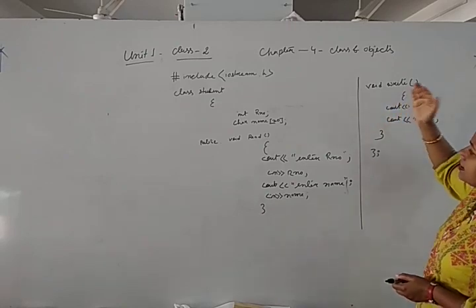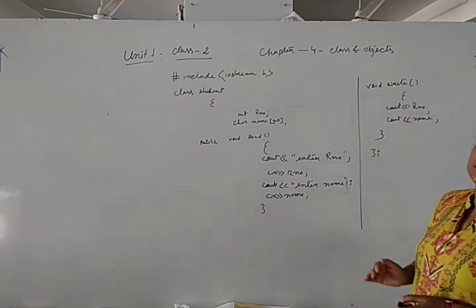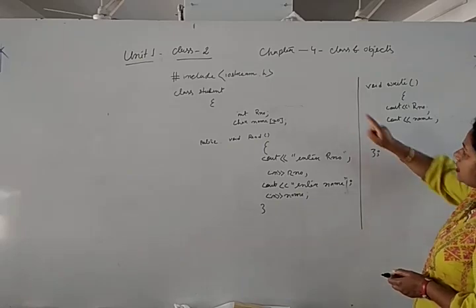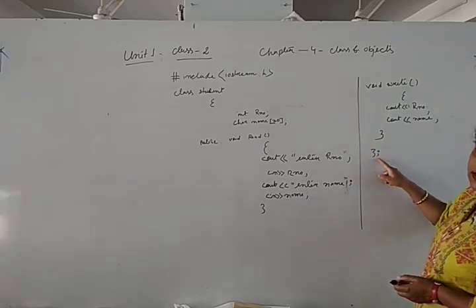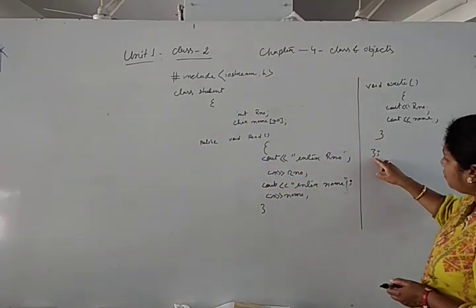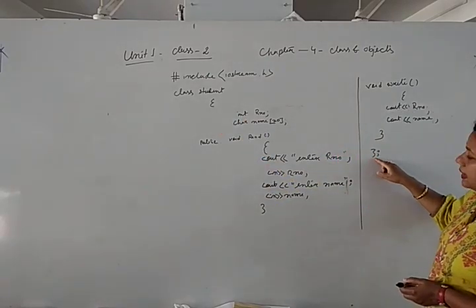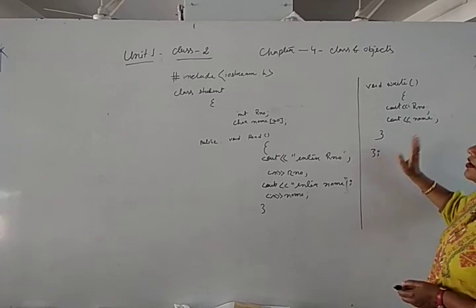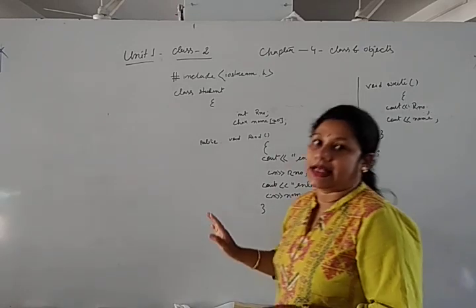And after the declaration and the definition of the functions of the class, I close the class body with this semicolon. Okay, this is the beginning of the class, and this is the close of the class body along with a semicolon. So this is a class.